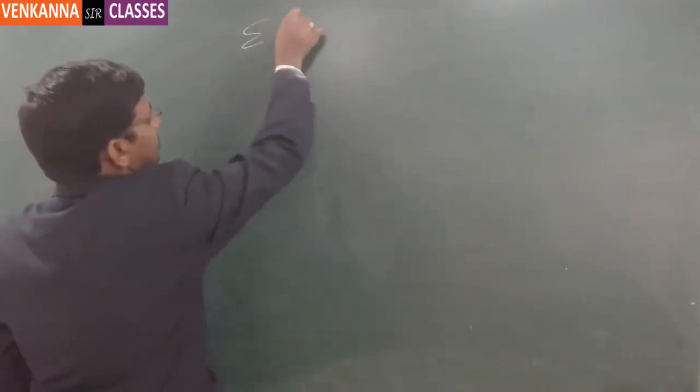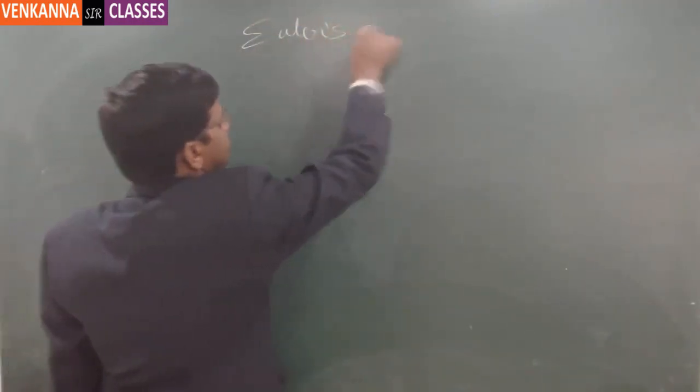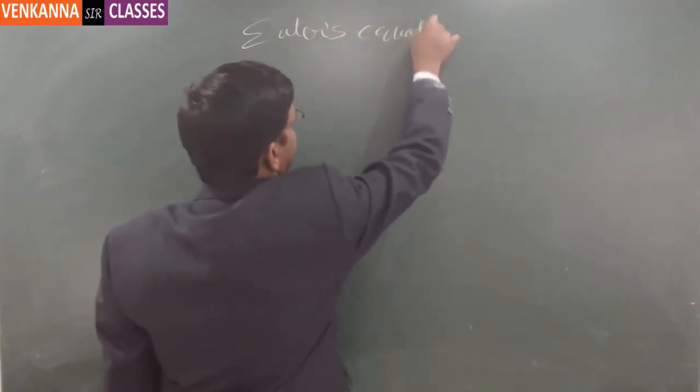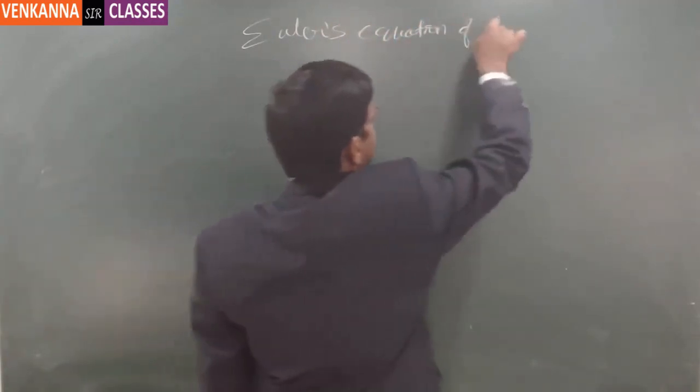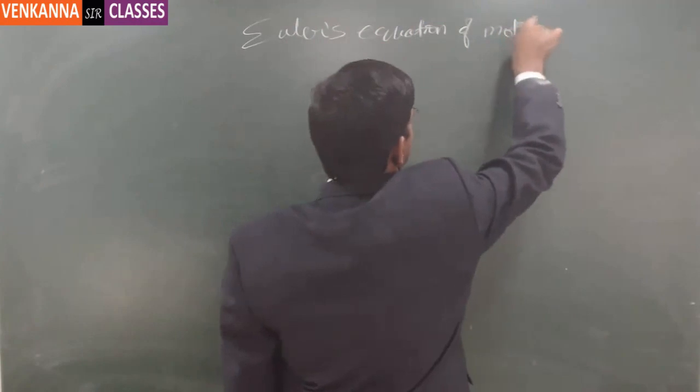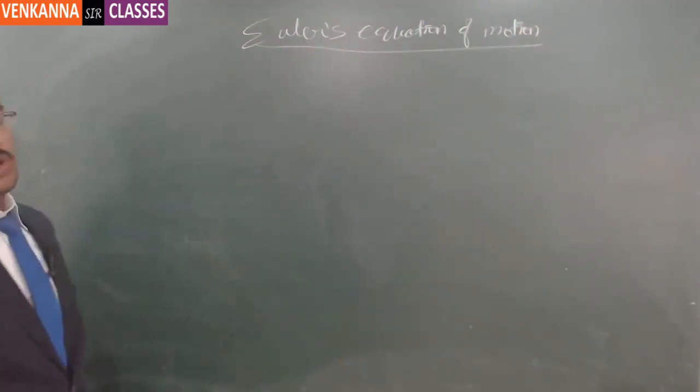Okay. So we have derived the Euler's equation of motion for one dimension.